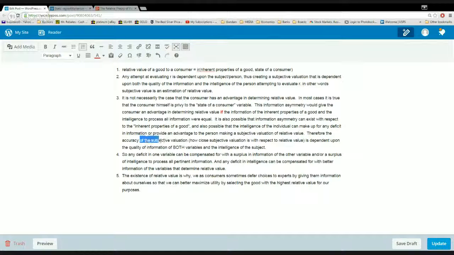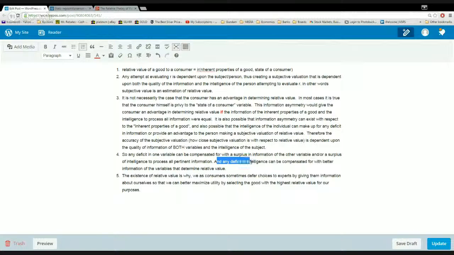Therefore, the accuracy of the subjective valuation, or how close subjective valuation is with respect to relative value, is dependent upon the quality of information of both variables and the intelligence of the subject. So any deficit in one variable can be compensated for with a surplus in information of the other variable, or a surplus of intelligence to process all pertinent information.